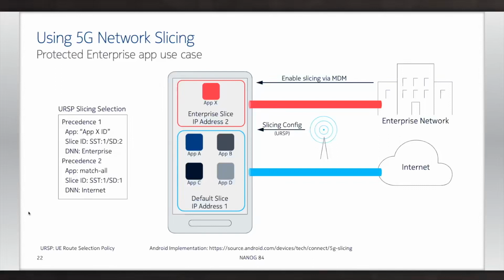And then the network operator will send a message to each device. This message has a slicing selection configuration in a message called URSP, so UE Route Selection Policy. This message comes from a node inside the operator called the PCF. It's the policy control function.